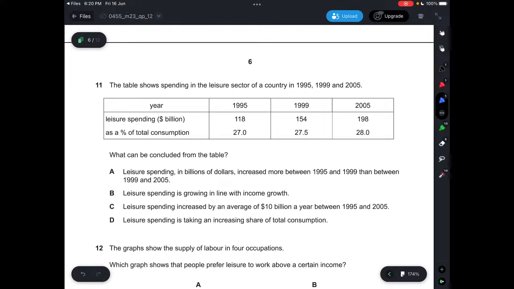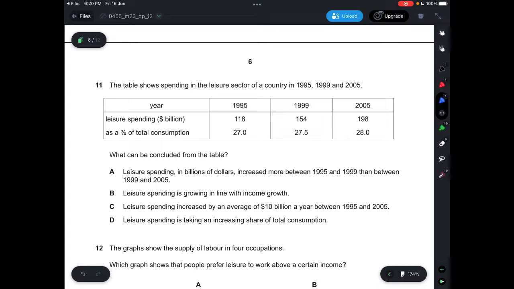Question 11, the table shows spending in the leisure sector of a country in 1995, 1999, and 2005, and what can be concluded from the table. So you can see that in 1995, leisure spending is 118 billion, but then in 2005, the leisure spending is 198, so it's increasing. In 1995, the percentage of total consumption is 27%, and then in 1999, it's 27.5%, and then in 2005, it's 28%.